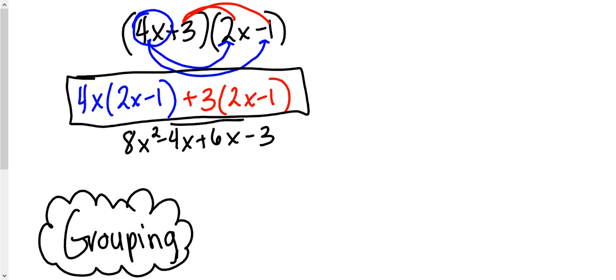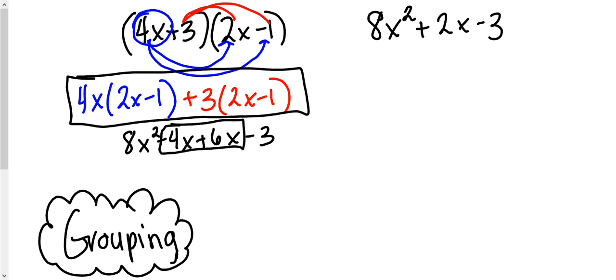Now we can see that we have our middle terms. And now we're going to combine those to get our trinomial, which is normally what you're given to factor. So 8x squared plus 2x minus 3.